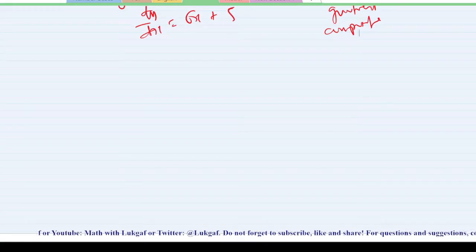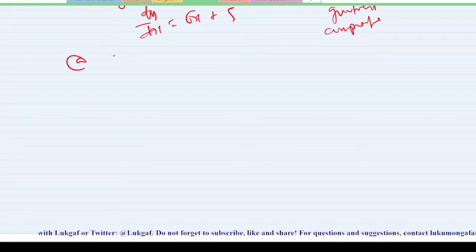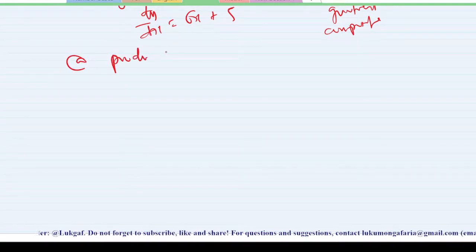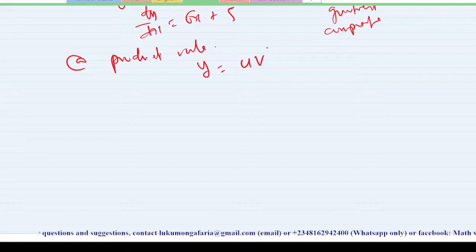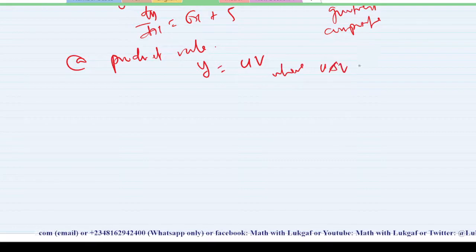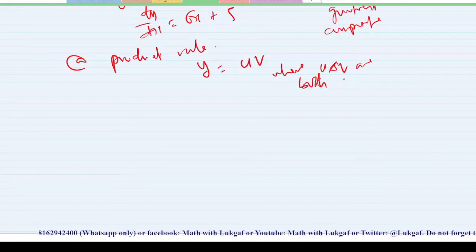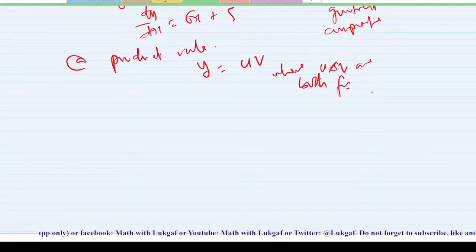Let us take it one by one. Number one, we have the product rule. That is when you have your y in terms of u multiplied by v, where u and v are both functions of x.